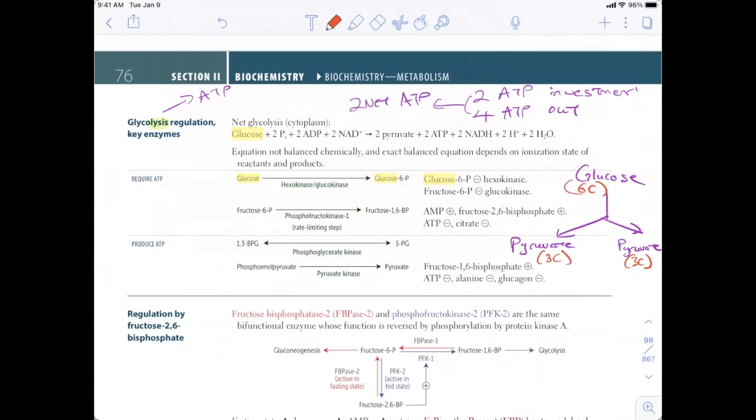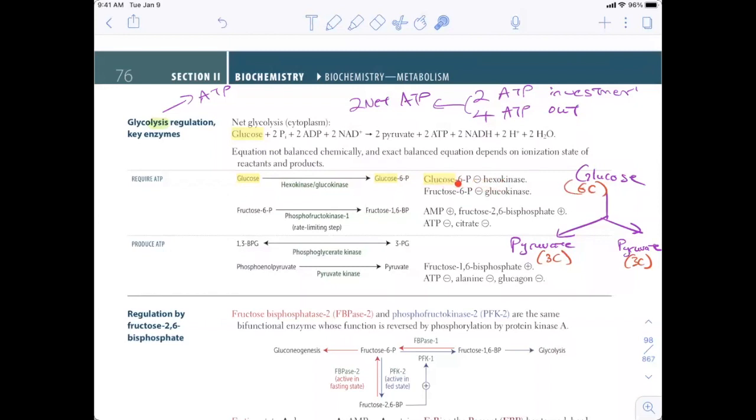So remember this. Now, the other things that are important to note here is going to be the regulation of these steps, okay? What are the things that can inhibit it? So for example, starting off here, when glucose goes to glucose 6-phosphate, all right, glucose 6-phosphate is a product of this step. So it has the ability to exert some kind of negative feedback on the enzymes that got you there.